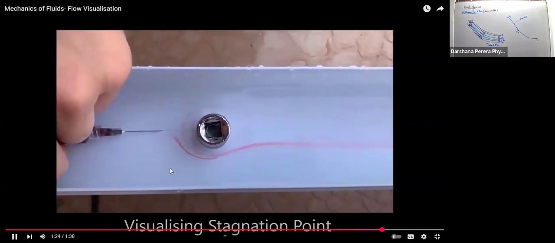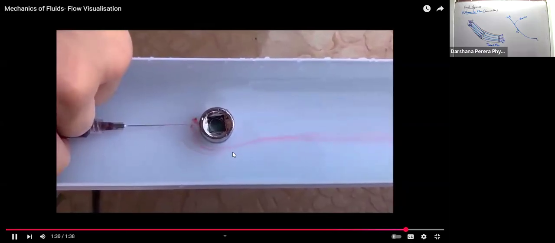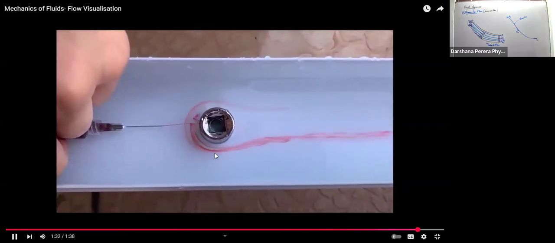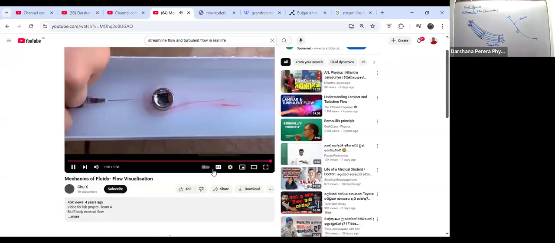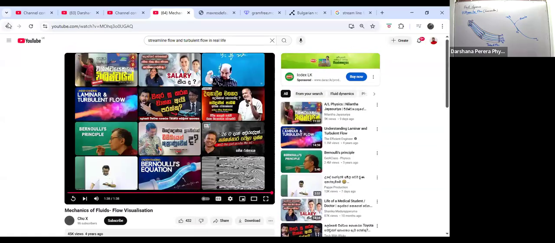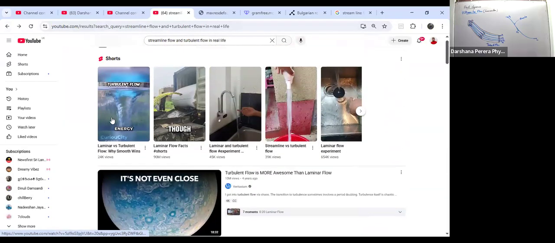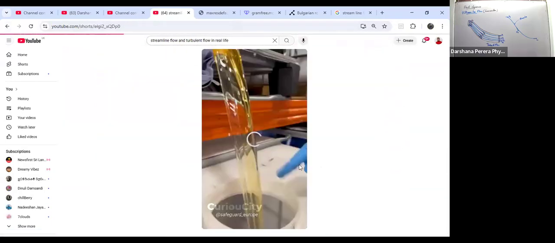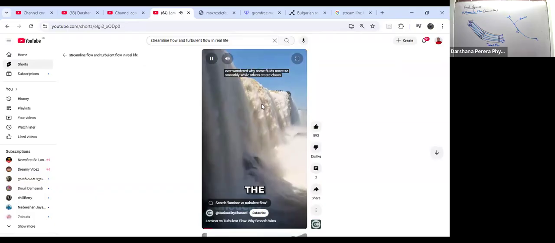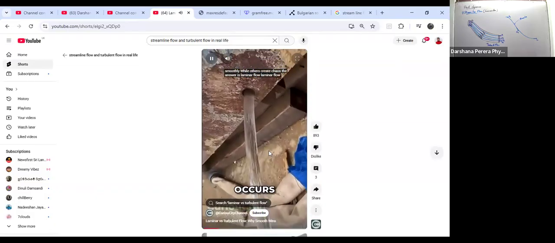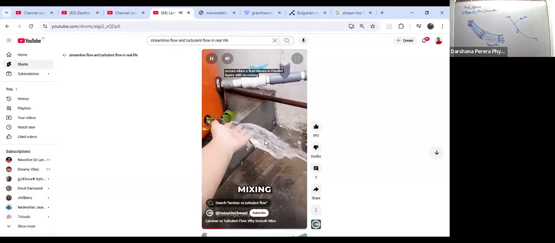We can also do the stagnation point. This example is laminar flow. This is turbulent.